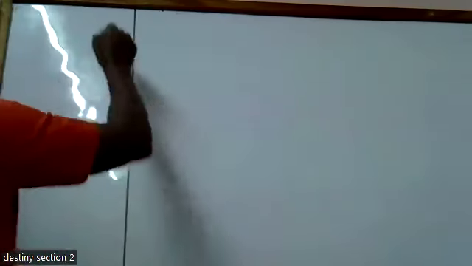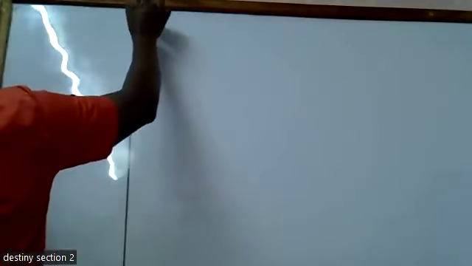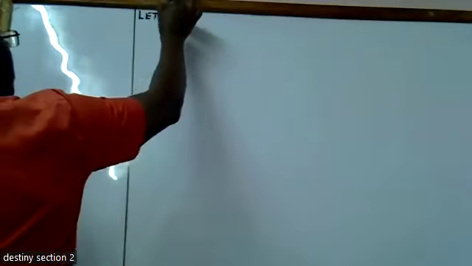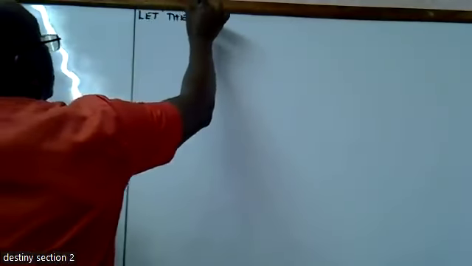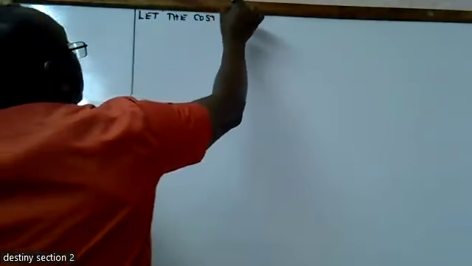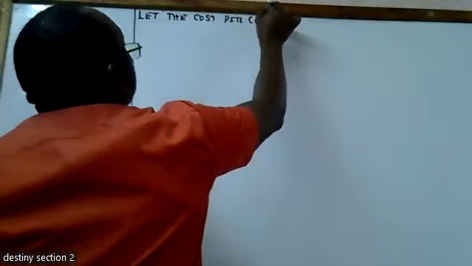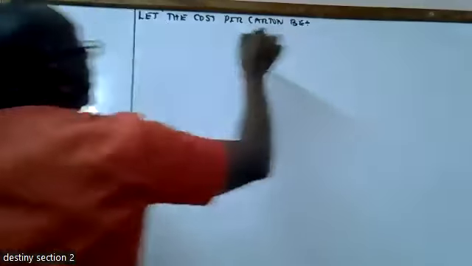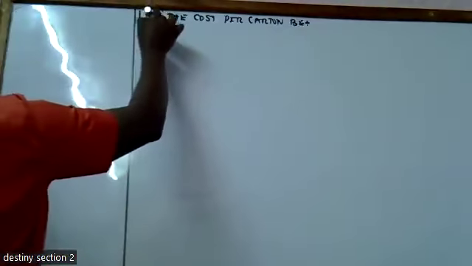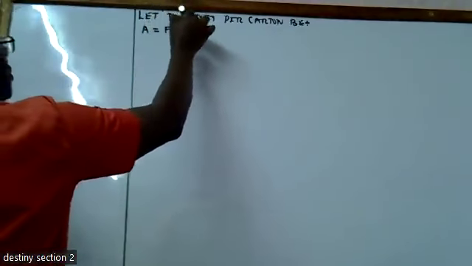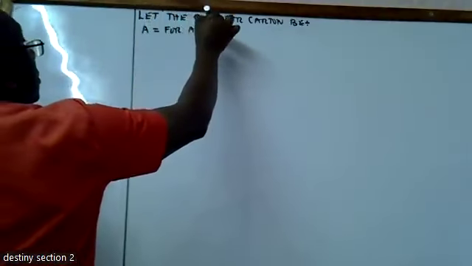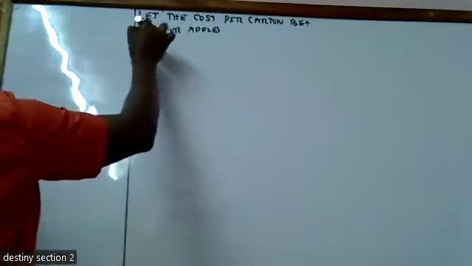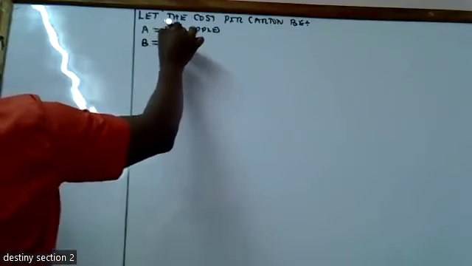That question has come from the topic of matrices. In dealing with that, you will begin by saying, let the cost per carton be A for apples and B for bananas.